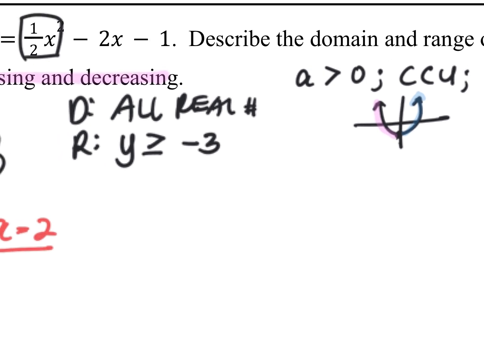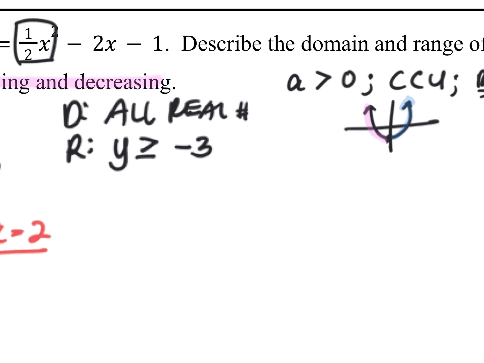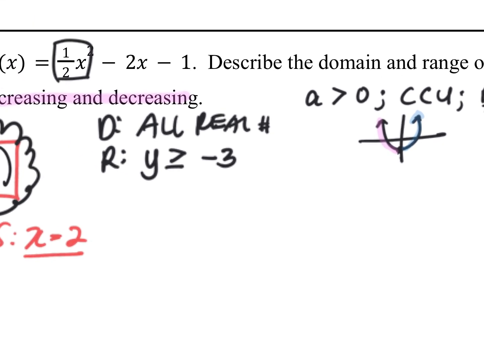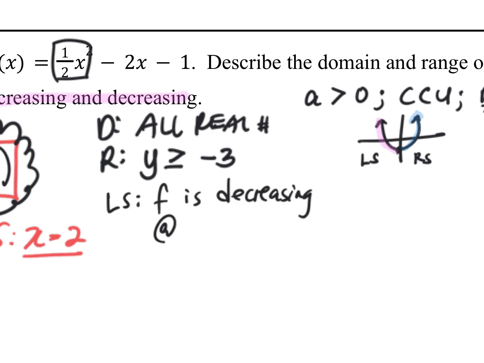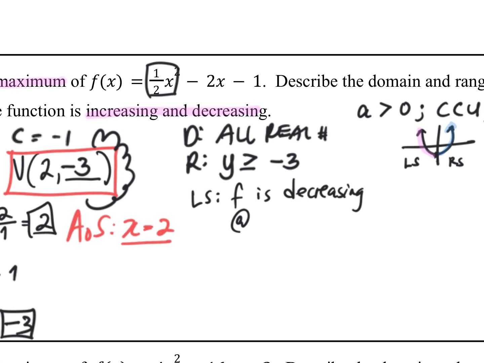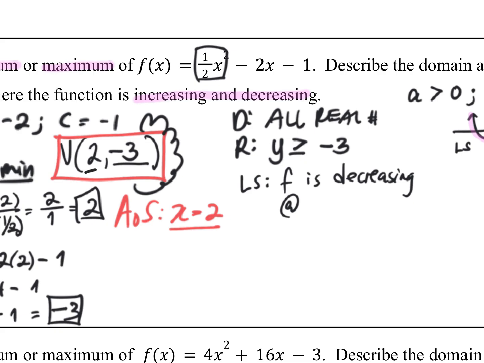Okay, so we're going to also describe where the function is increasing and decreasing. Okay, so now let's see. On the left side here, this is your left side and this is the right side of your function. On the left side, the function f is decreasing at, get your x value in your vertex. The x value of your vertex is 2.